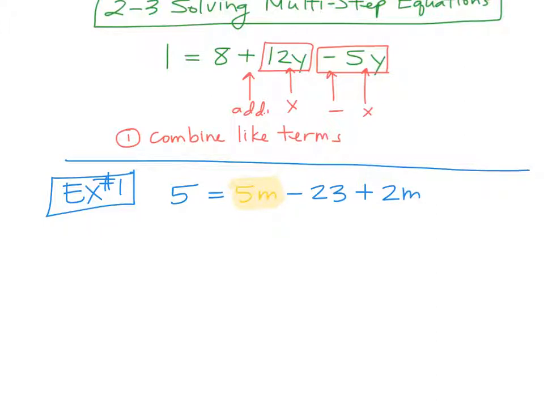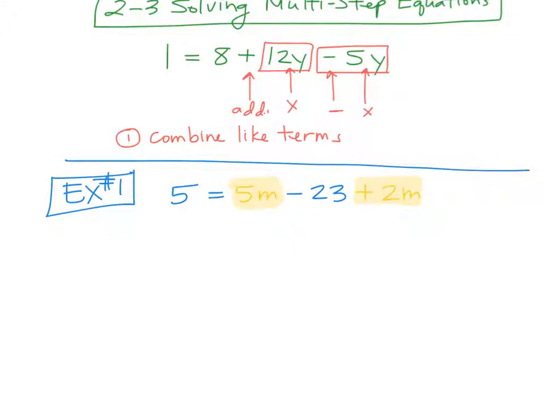Is it plus or minus 2m? It's plus, right? You always use the symbol in front of the number. So we don't want this minus. That goes with the 23, okay? We want this plus. So it's going to be 5m plus 2m.